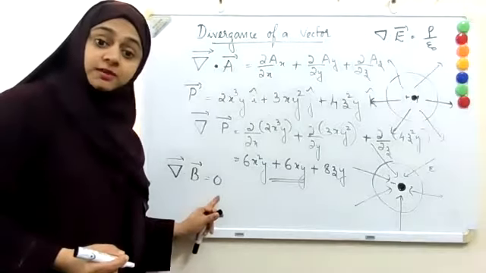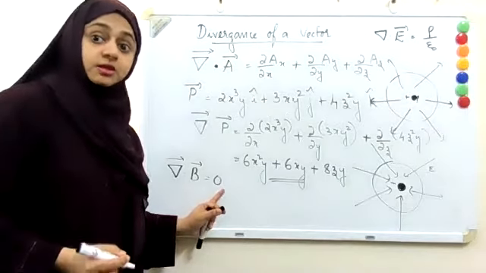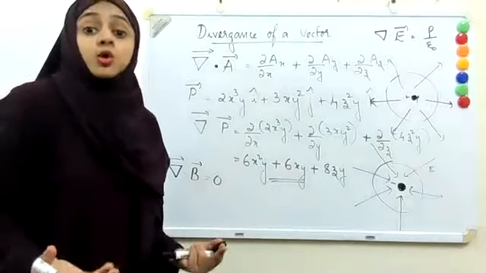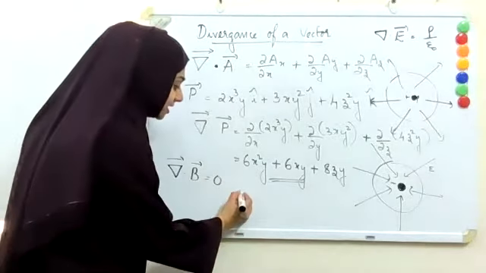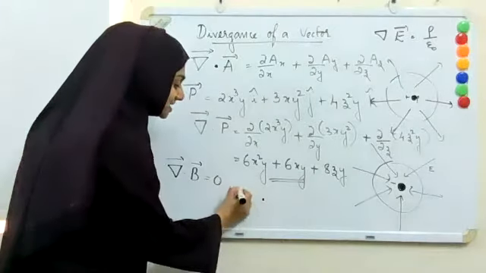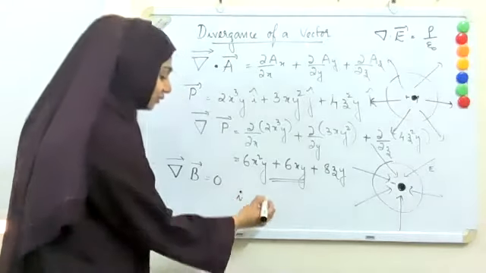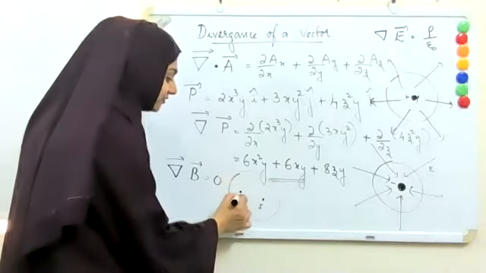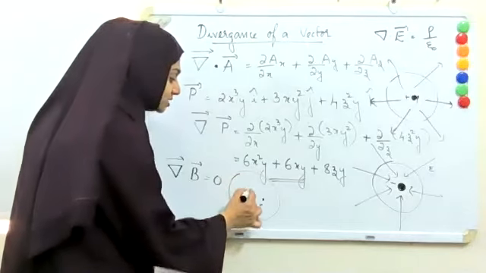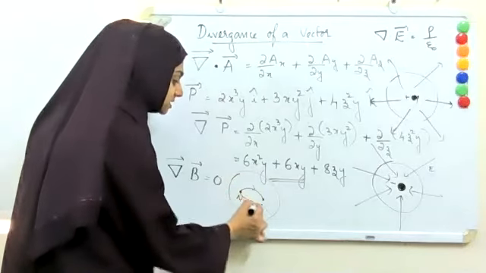Do you know why? There is no magnetic monopole. Magnetic field always exists as a dipole, north and south, right? So if I take a surface, all that is going like this, like this.